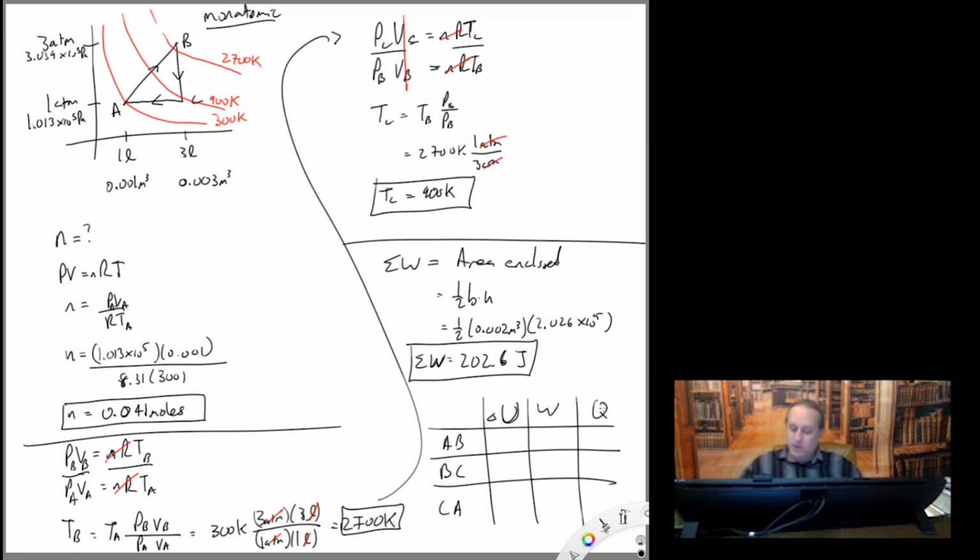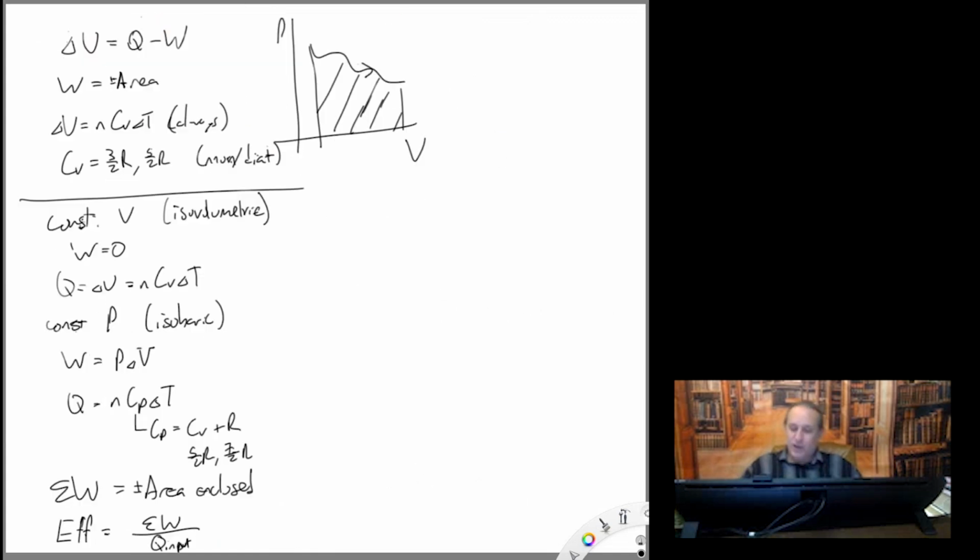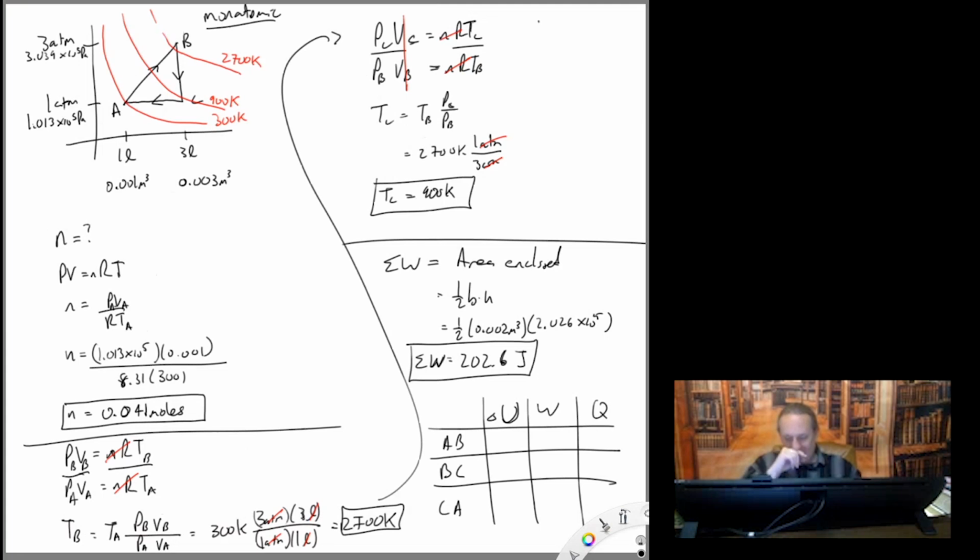And remember how this works. If we go back and look at the first law of thermodynamics and rearrange it to solve for Q, we get Q equals delta U plus W. So by looking at the sign of delta U and the sign of W, most of the time that will help us find the sign of Q without doing any work.